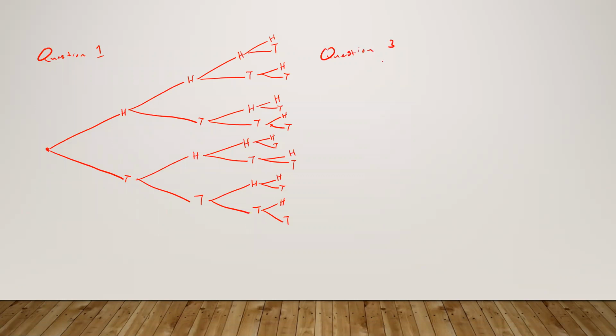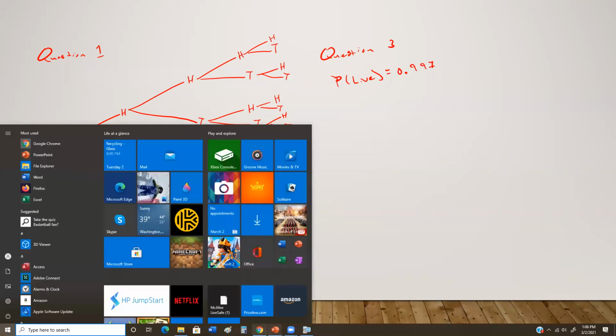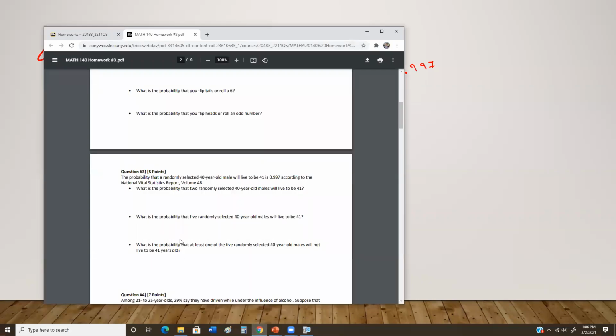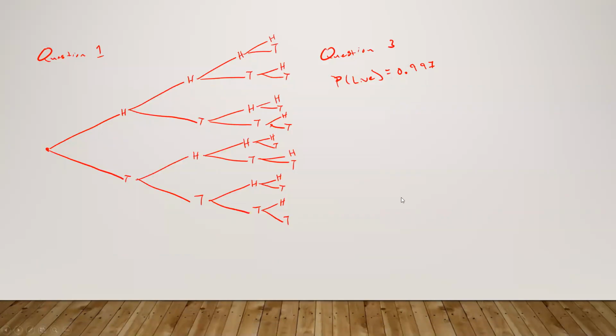So basically what was going on here, it says the probability that they live is 0.997. No, I don't think you need the complement rule for this problem. Maybe for the last part you will, Melissa, yeah. But for the first one here, what is the probability that 2 live?